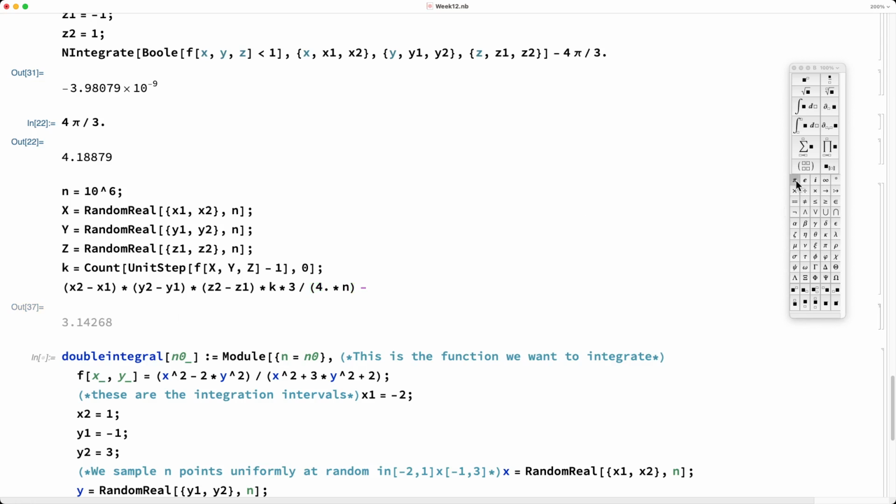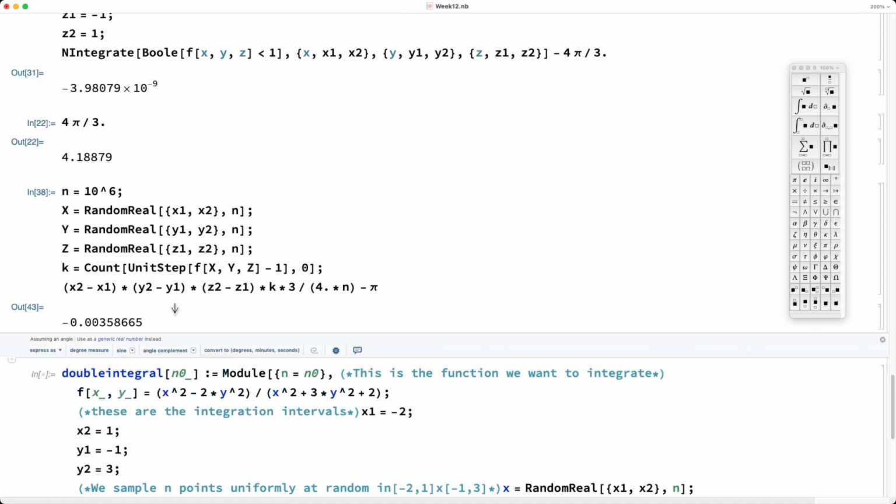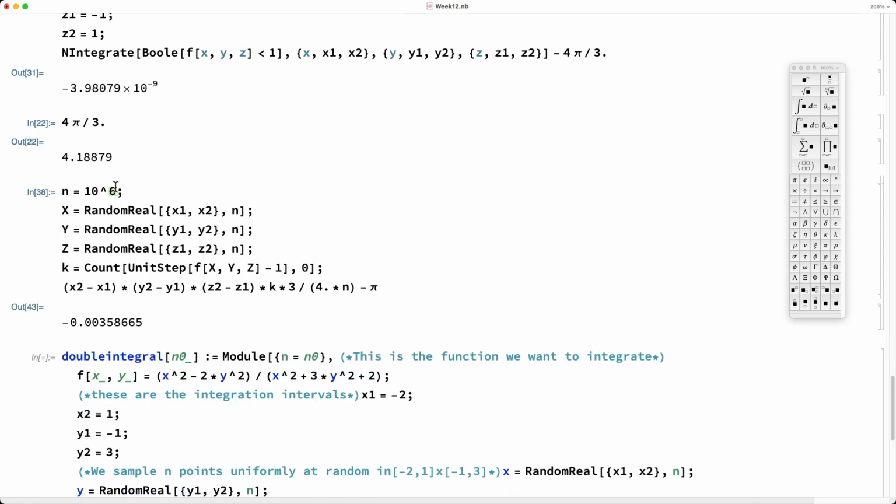So I can subtract the value of pi here. We can see that we get about 2 digits when we draw 1,000,000 samples. And remember, this is 1,000,000 samples in each dimension. So it's a total of 3 million samples.